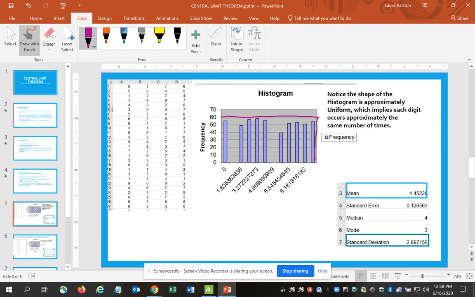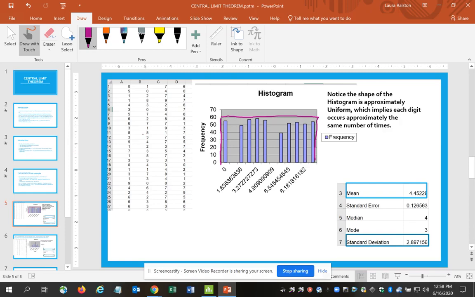And for the most part, this particular graph does look like a rectangle, which implies that each digit occurs approximately the same number of times, which would lead me to surmise that it is random or uniform.